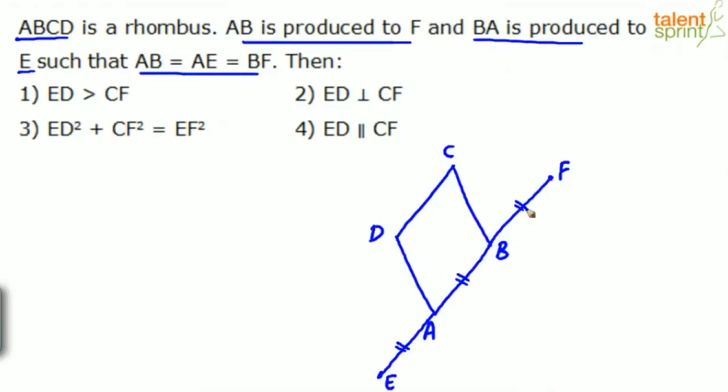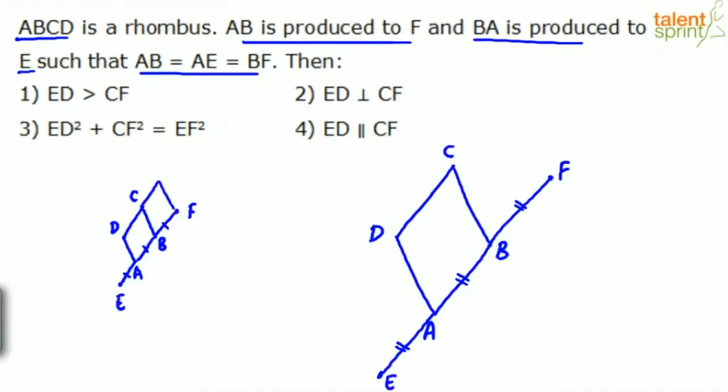So if you understand the property of symmetrical figures, I'm taking smaller lines here. So this is the diagram that we have taken, where ABCD is the actual rhombus. Then this has been extended up to point F and up to point E. And all these three sides are equal. The point is, if you try to complete the figures, what happens?